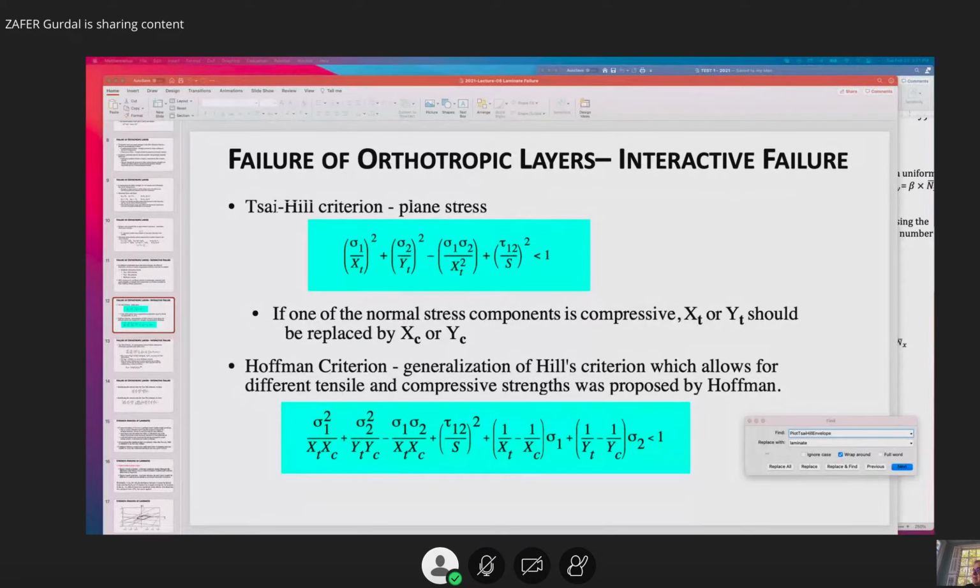Do I know the difference? I haven't checked it. How big of a difference would there be, since it's the product term? But I've seen people just using XT square or XC square. If either one of them is negative, they use XC square, and if both of them are positive, they use XT square.